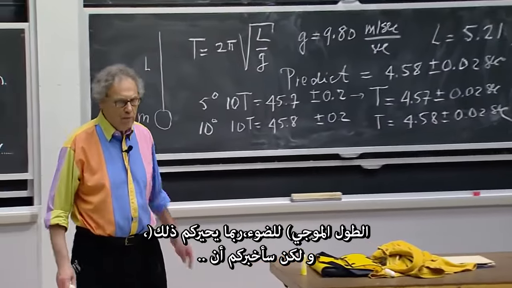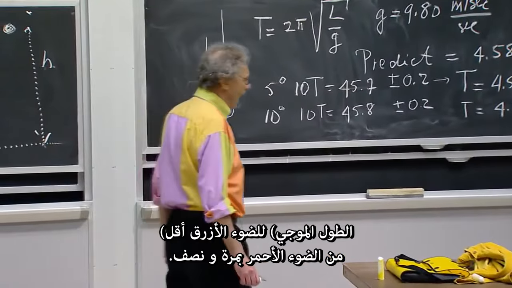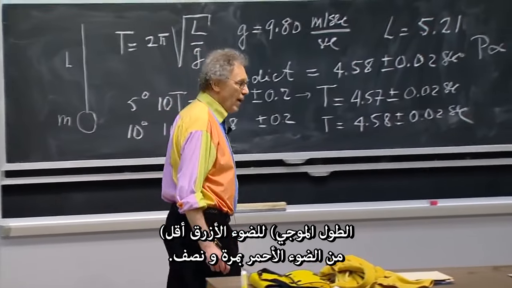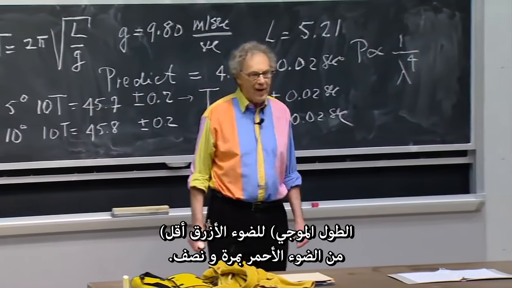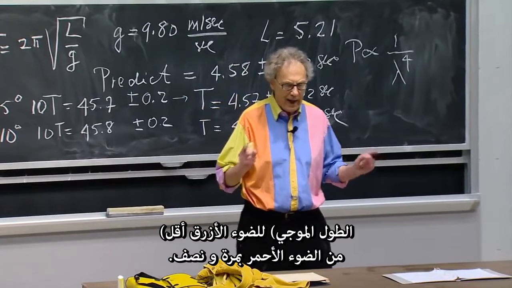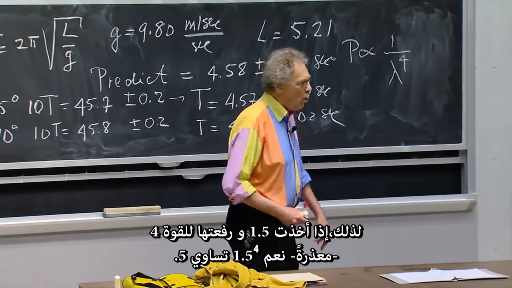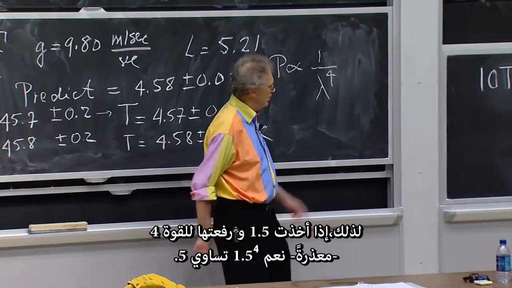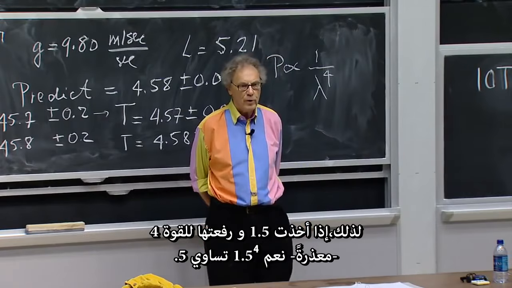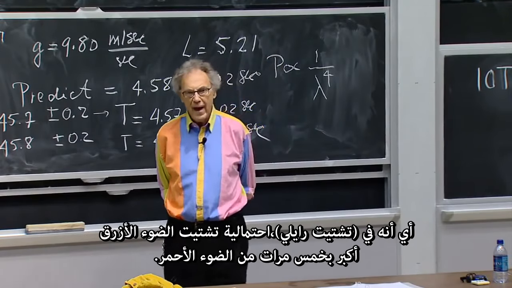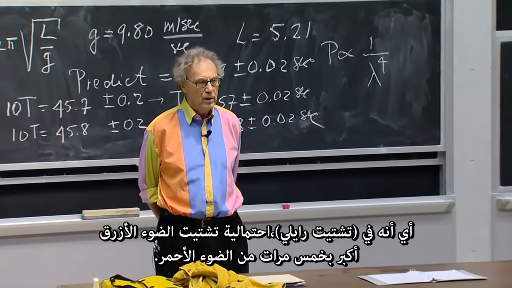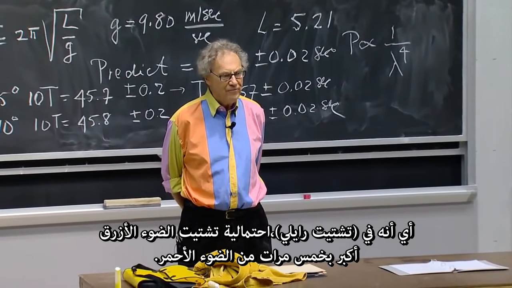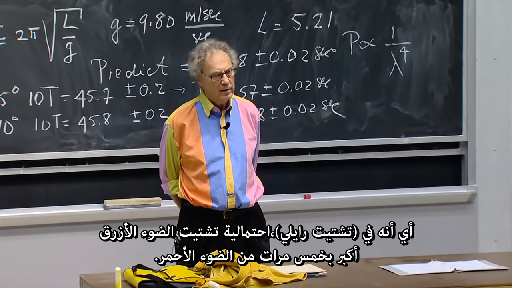But I will tell you that blue light has a wavelength which is about 1.5 times lower than red light. And so if you take 1.5 to the power 4, you get 5. And that means in Rayleigh scattering, blue light has a 5 times higher probability to scatter than red light.